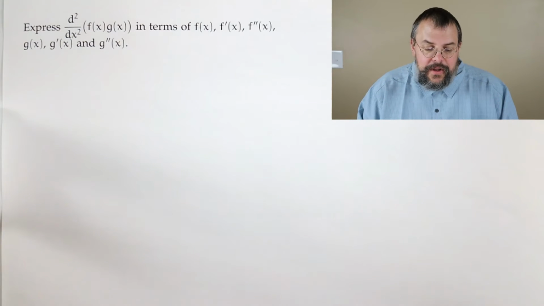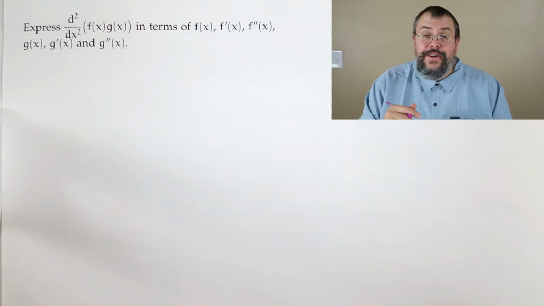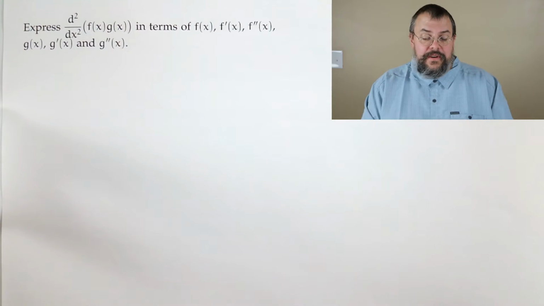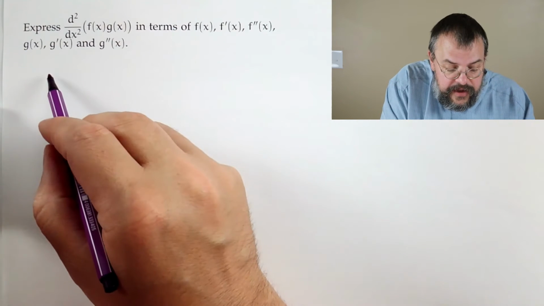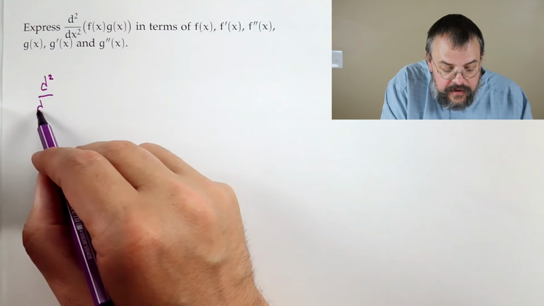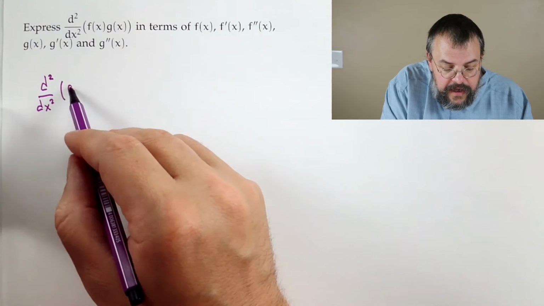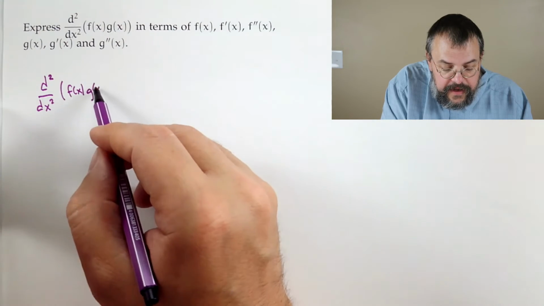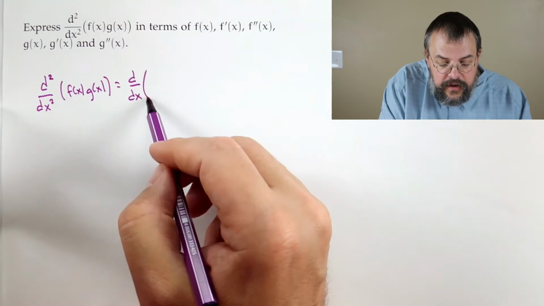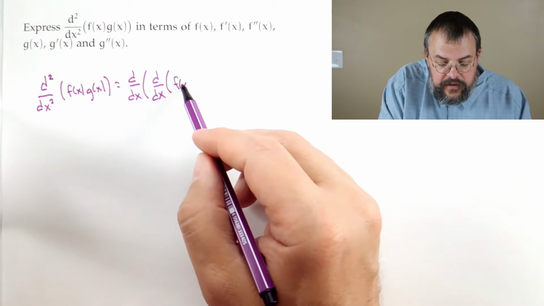All right, well, so how do we get to the second derivative? The answer is we take the derivative of the first derivative, the derivative of the derivative. All right, that seems reasonable. So the second derivative, which is this notation here, d squared dx squared of f of x times g of x, is the derivative of the derivative of f of x g of x.